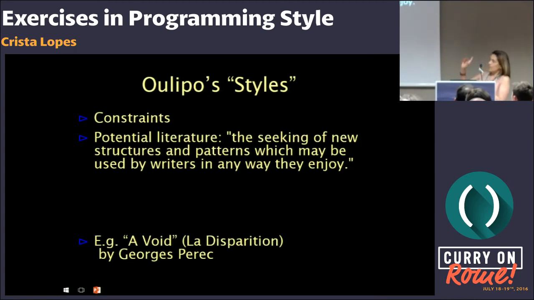So one of the things that Raymond Queneau and his group of intellectuals in France did, their big thing was their definition of style. Okay, the definition of style actually was quite technical. Style for them was something that emerged after you impose certain constraints. Okay, so let me give you an example.